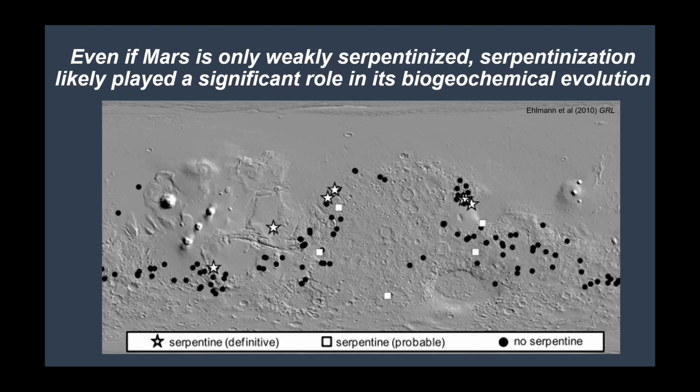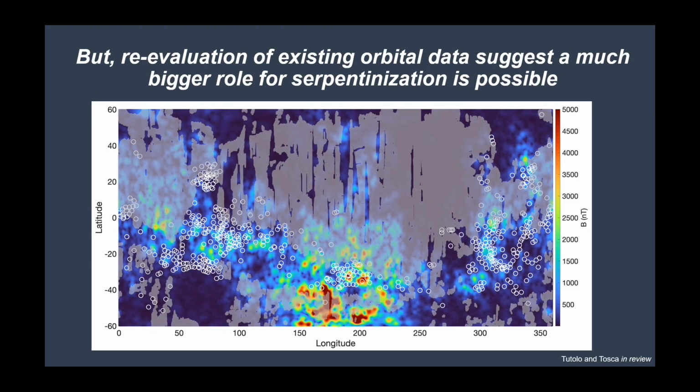However, if we then go and look specifically for hisingerite in close association with magnetite on the Martian surface, we might be able to find more serpentine. This plot here is a plot of the magnetic anomaly across the Martian surface. Places of bright red are places of high magnetization. And all of the circles here are spectra that would be consistent with either nontronite or hisingerite, so have octahedral Fe3+.